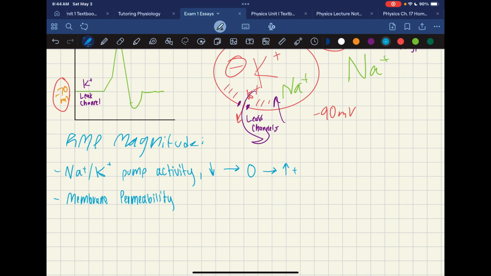And then ion concentration gradients outside of the cell. Like we kind of talked about with potassium, with hyperkalemia and hypokalemia, that really plays a huge role in affecting the RMP of the cell.